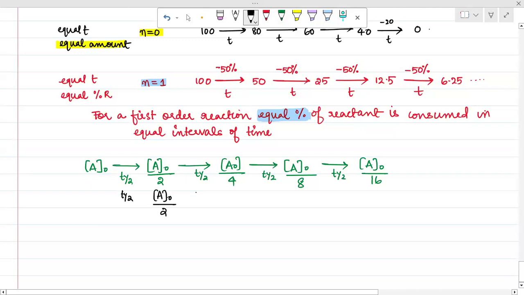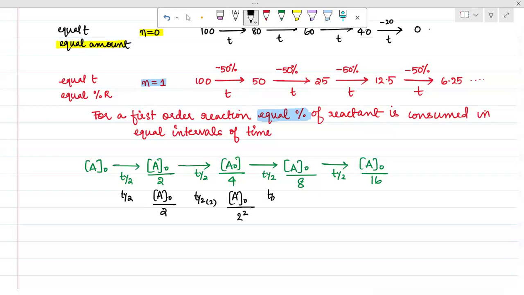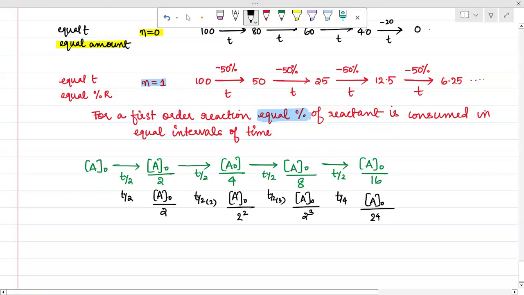After the second half-life, what I have is A0 by 2 to the power 2. Correct? 4 can be written as 2 to the power 2. After the third half-life, what I have is A0 by 2 to the power 3. After the fourth, what amount of concentration is left? A0 by 2 to the power 4.